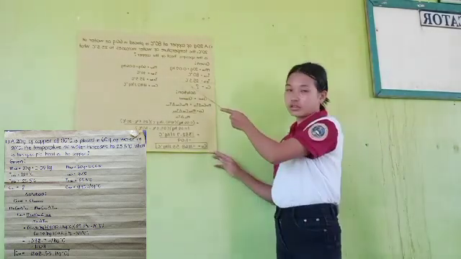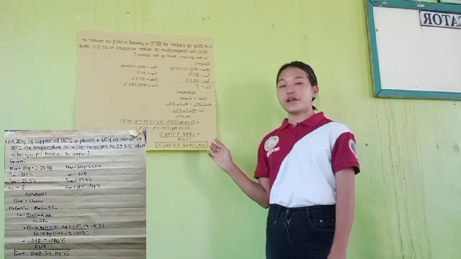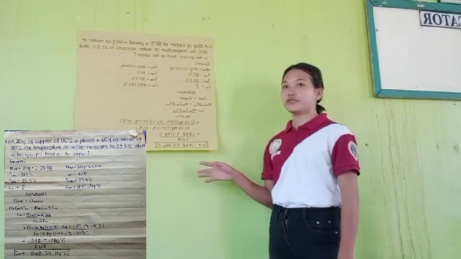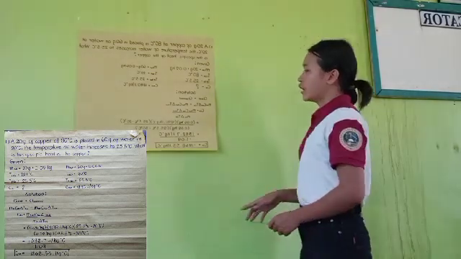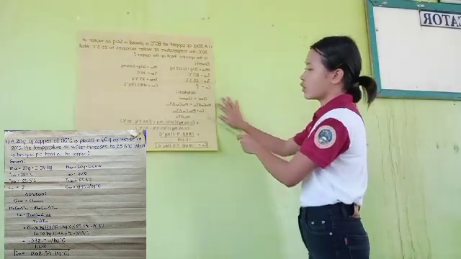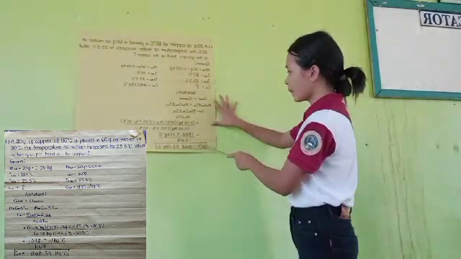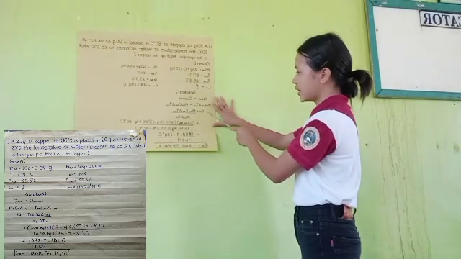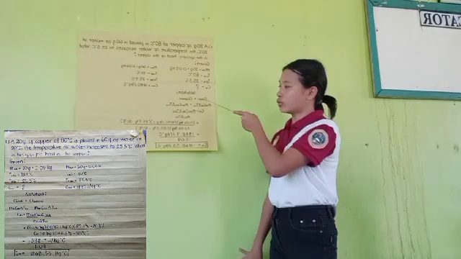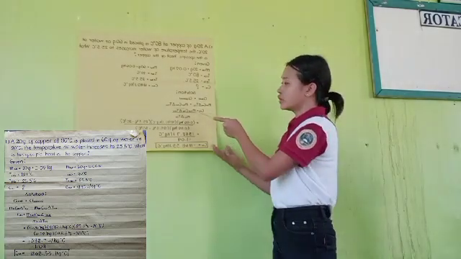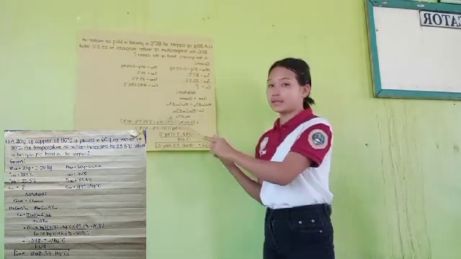So, solution. Let us follow the formula for this topic, which is Q loss equals Q gain. So we have the copper, which belongs to the one who lost, and the water who gained.